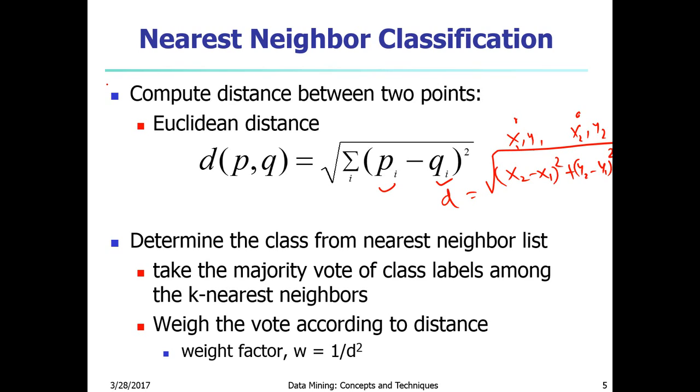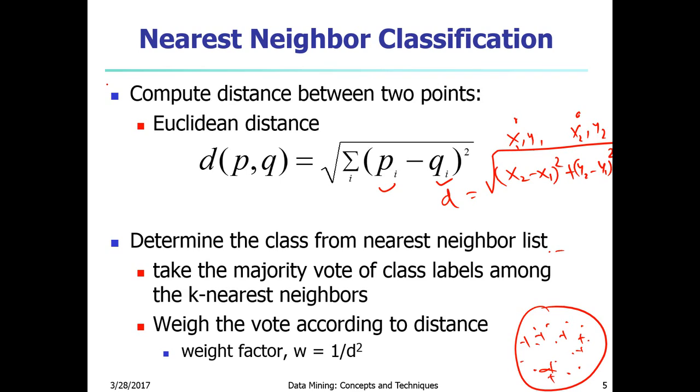Determine the class from the nearest neighbor list. So this is a way to find out the distance. Once you have the distance of each point, let's say this is your training data, and we have circles and then pluses.